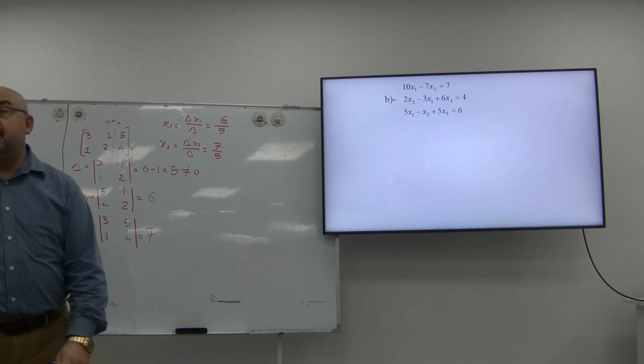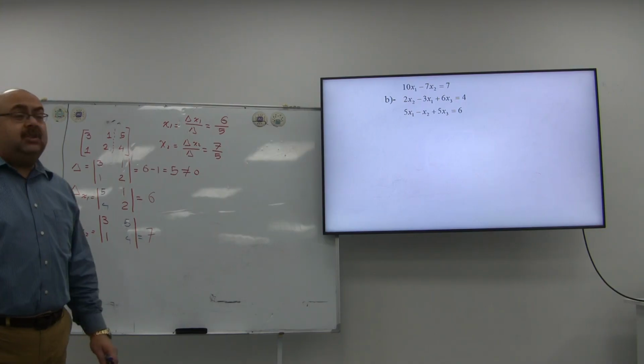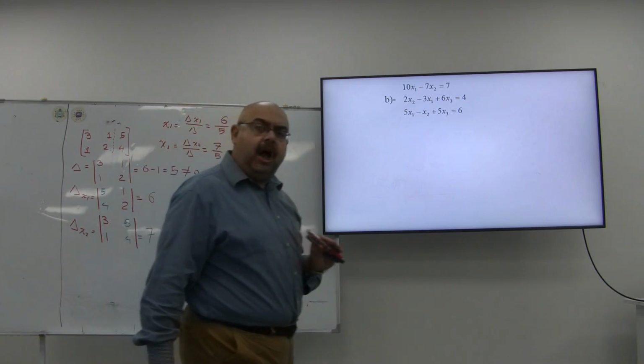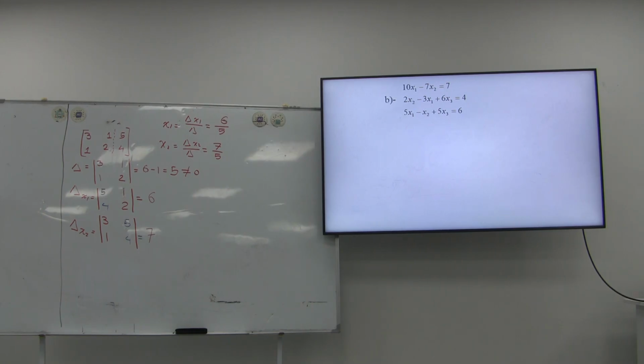Here we go. Look at this system of equations. Once you look at a system of equations, please always be sure that it is well arranged. Is it well arranged? No, because the second equation starts with x2 and should start with x1.